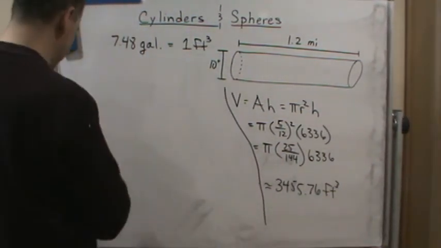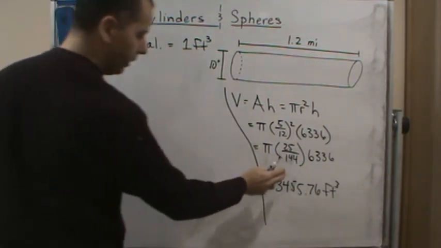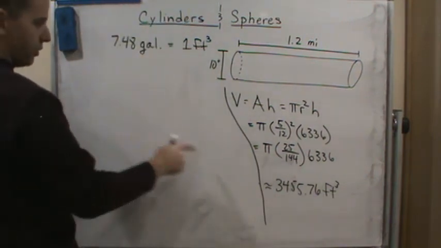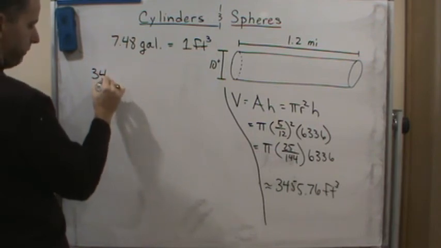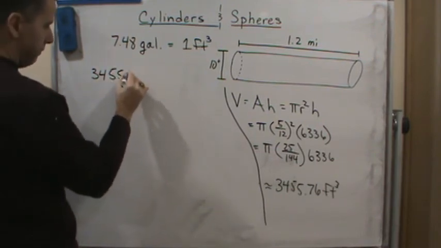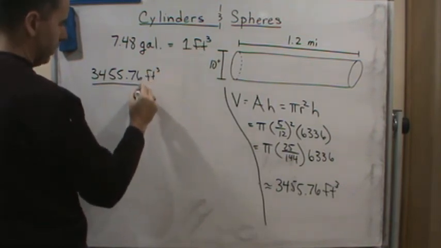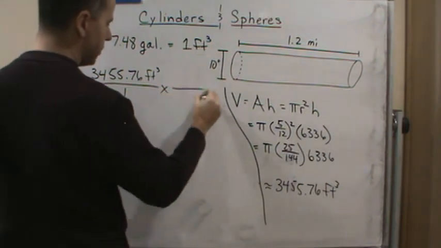Now we need it in gallons, so what we would do is take this answer here and convert it to gallons. So this would give us 3,455.76 cubic feet over 1, and then we're going to use our unit ratio.